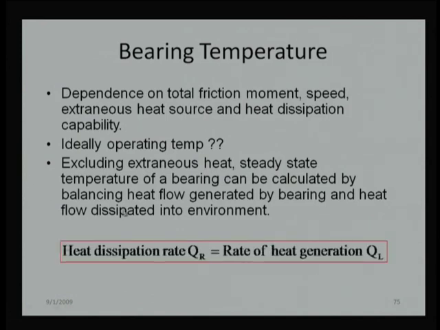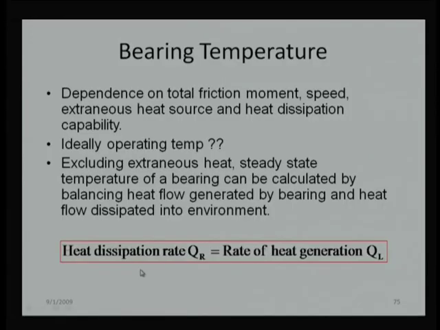That's why we require the heat dissipation rate and heat generation rate. That should be in equilibrium. If that is in equilibrium, temperature will be within tolerance. If there is more heat generation compared to the heat dissipation rate, then naturally the temperature rise will be very high. There will always be an energy balance, but this is continuously going to change if heat generation is continuously going to increase.